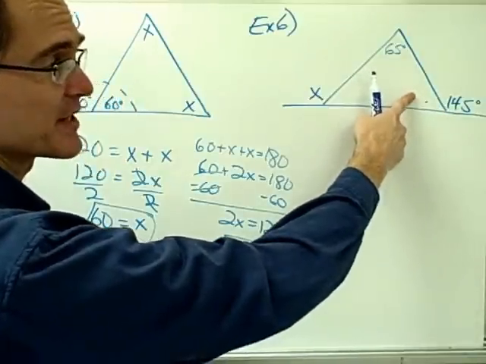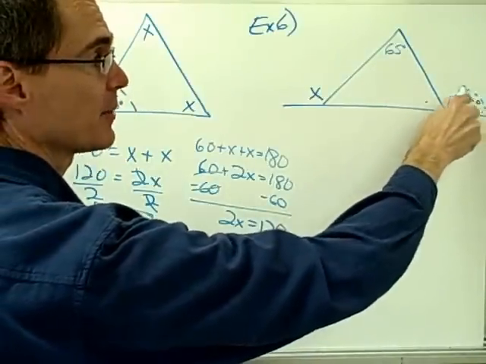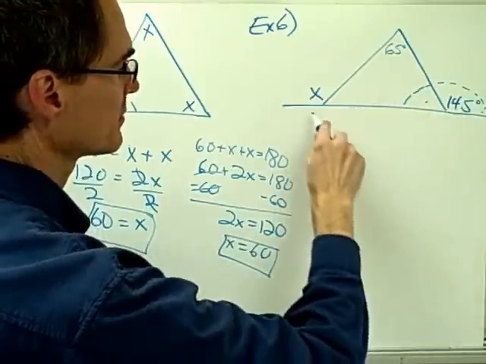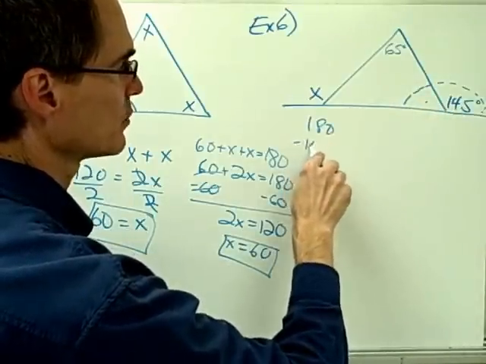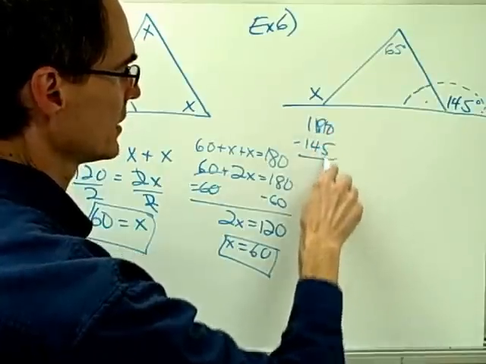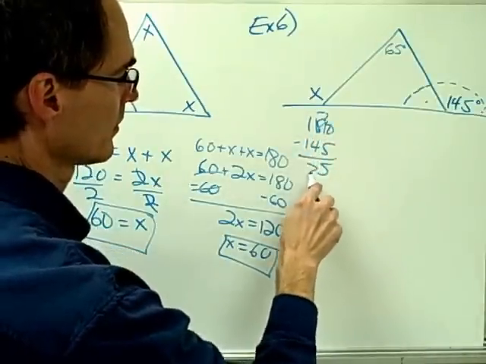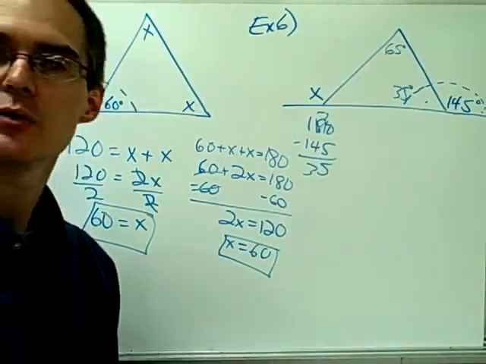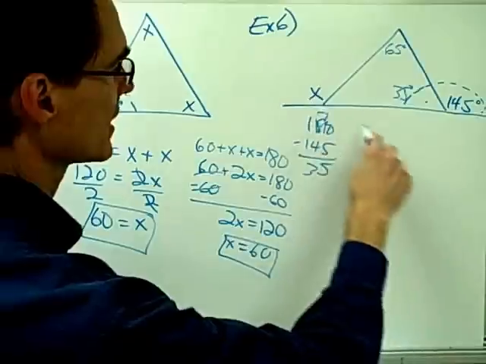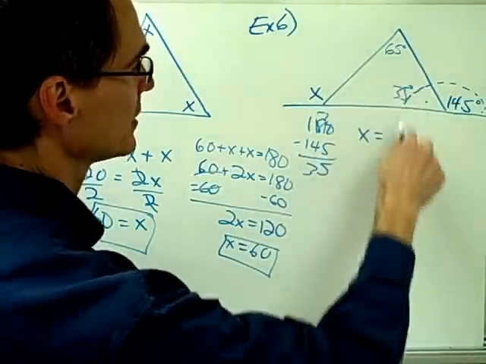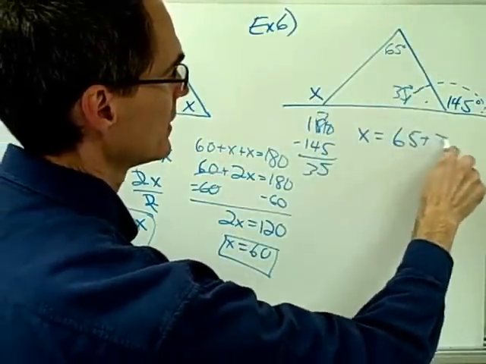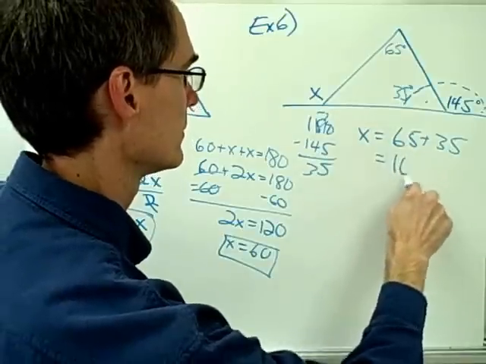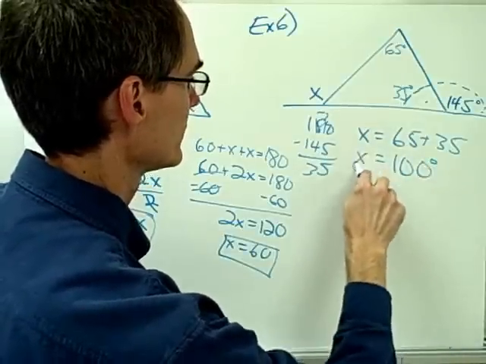I don't have a value for this angle, but I can see that it forms a linear pair with this angle, which means that this angle here must be 180 minus 145, which is 35. So the measure of this angle is 35 degrees. Now I can use my exterior angle theorem and say x must be equal to 65 plus 35, which is 100 degrees.